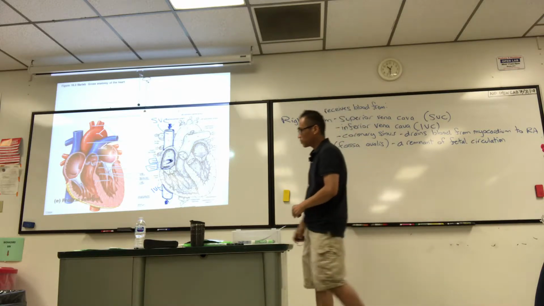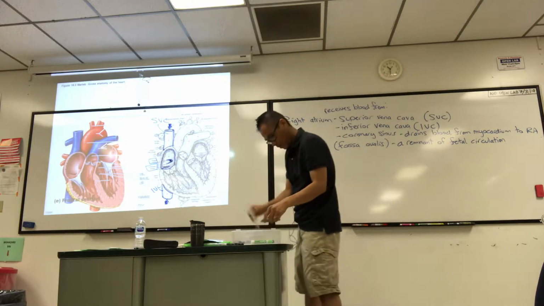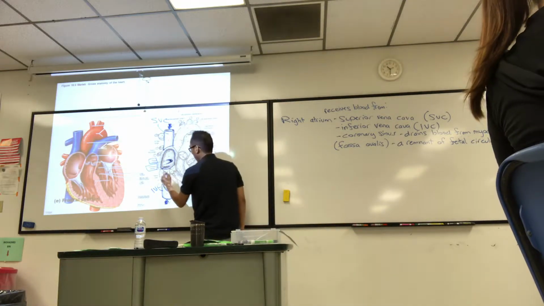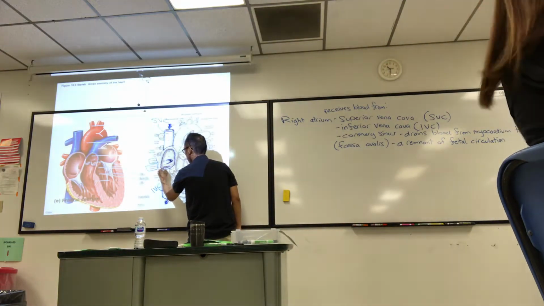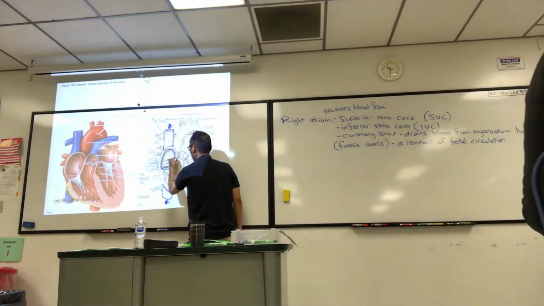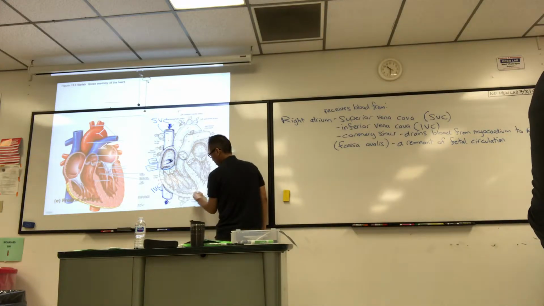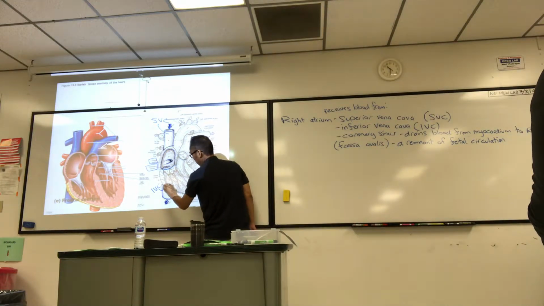Now the right ventricle has an odd shape. I'm going to trace where I think it is. There's this lighter blue that goes all the way up there. Trace all around the right ventricle there.